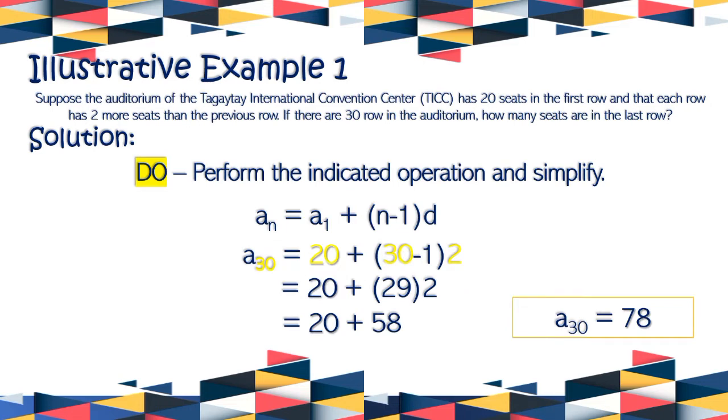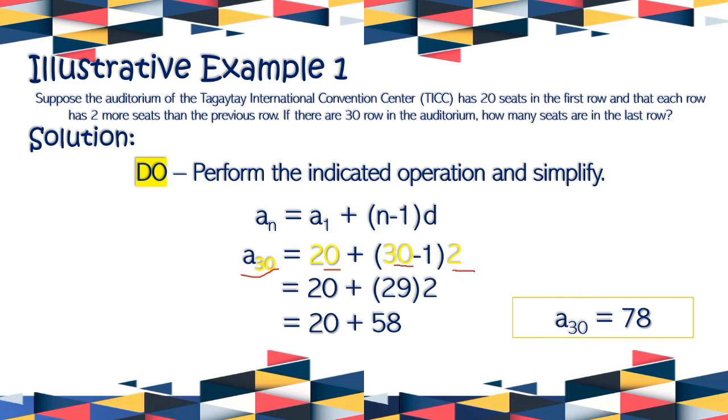Next po dito is do. So, perform the indicated operation and simplify. So, dito sa ating problem, we're going to find ilan ang seats doon sa last row, which is the 30th row. Okay, we have a sub 30. Ang first term natin is 20 plus 30 yung number of terms, and then ang ating common difference ay 2.